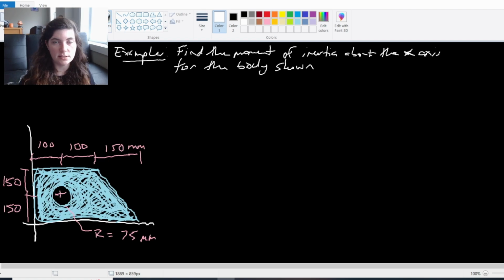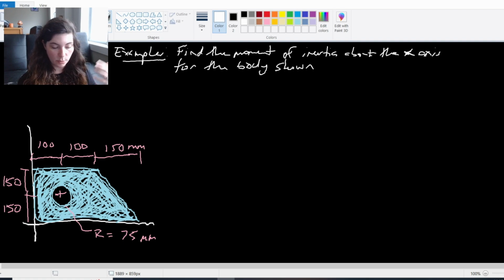This example asks us to find the moment of inertia about the x-axis for this composite body shown. And so we're going to follow a very similar process to what we did with centroids when we were doing composite bodies, and that's breaking this thing down into shapes and then setting up a table with all of the ingredients that we need so we can add down the columns to solve the equation, right?